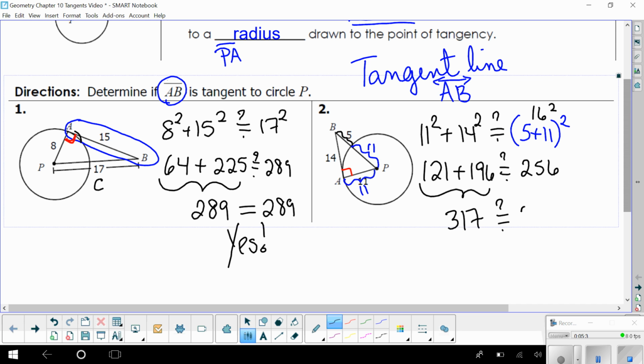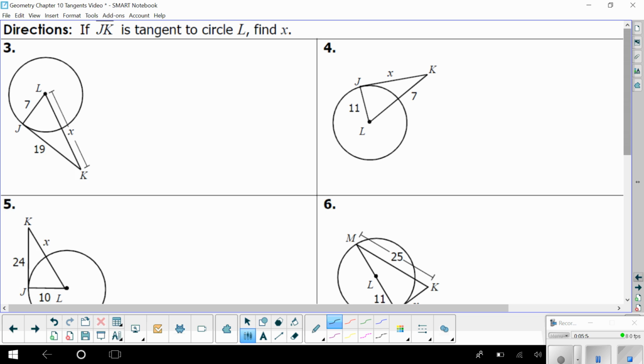Does that equal 256? No. So if it's asking us to determine if AB is tangent to the circle, when it's asking to find if it's tangent, you need to use your Pythagorean theorem. Okay? All right. So I'm just going to go to the next page for our notes.